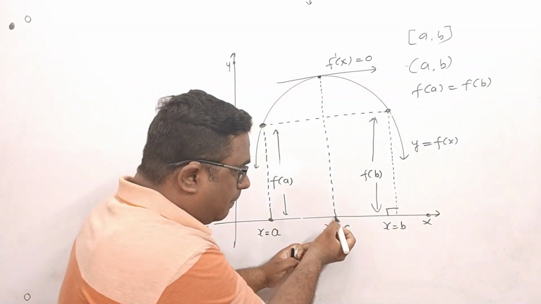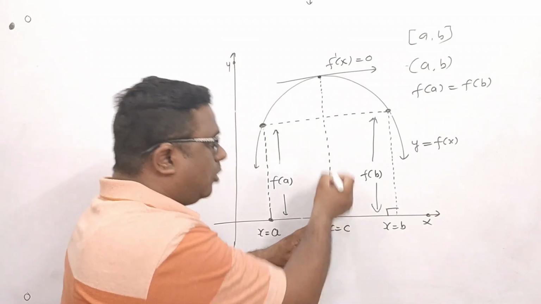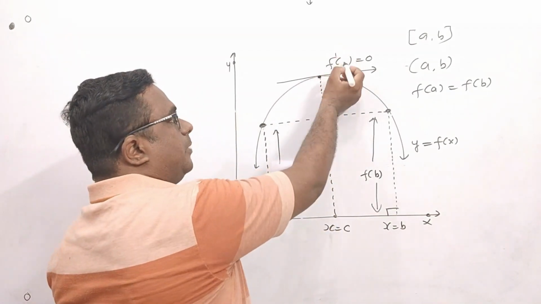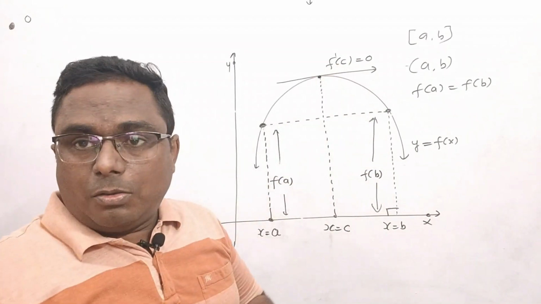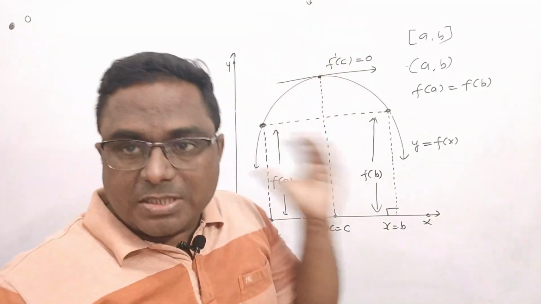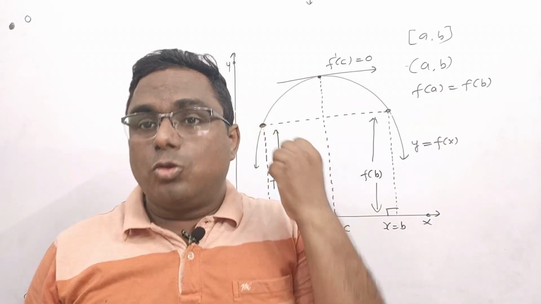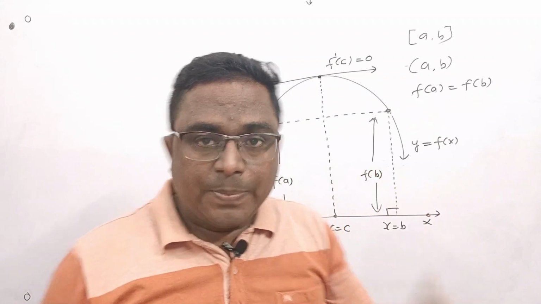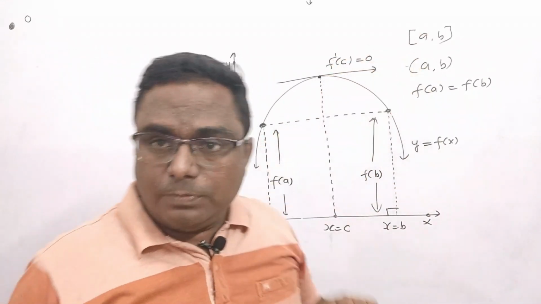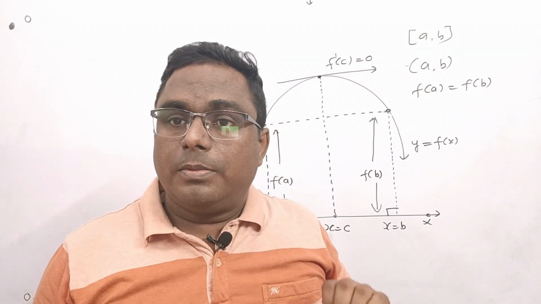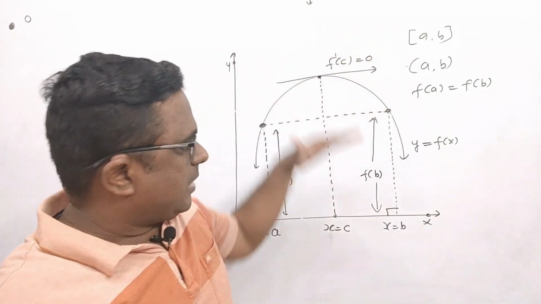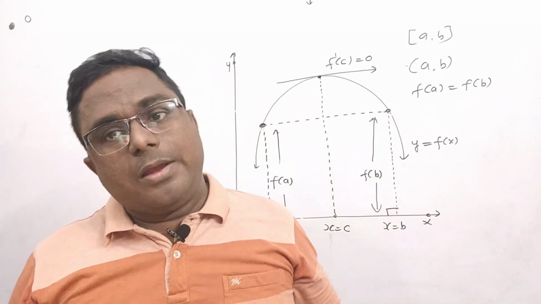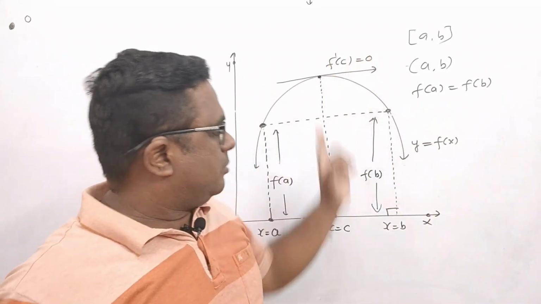And when I talk about the slope of the tangent at x equal to c, then I will represent it by f'(c). F'(c) means slope of the tangent at x equal to c. Is that clear? And why am I putting it 0? Because this tangent is parallel to the x-axis, and whenever any line is parallel to the x-axis, its slope is 0. So f'(c) equal to 0.